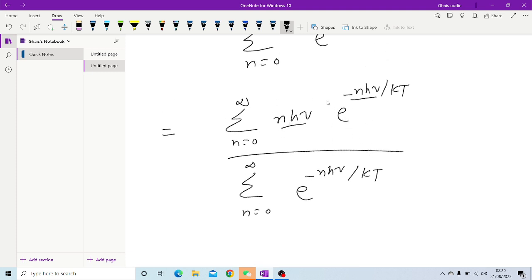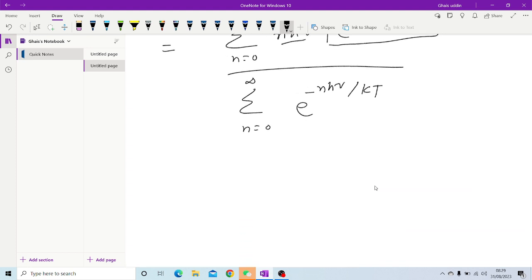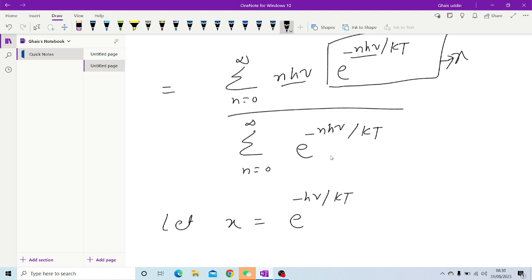Now we are going to simplify this expression. Let x be equal to e to the power minus h nu divided by kT. This is now going to be easy. We just put x here and x here.